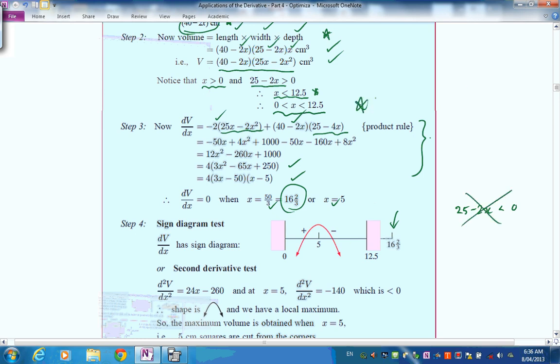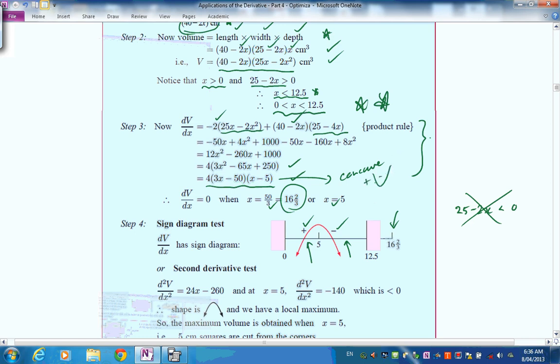Just coming up here again, noticing we said that. And so now, with the sign diagram, we sub in a value into the derivative of, let's say, 1 from that region. We find it's positive. Sub in a value, let's say 6 from this region, it's negative. Or do you want to do it more mathematically? This is a concave up parabola, which always goes like that.